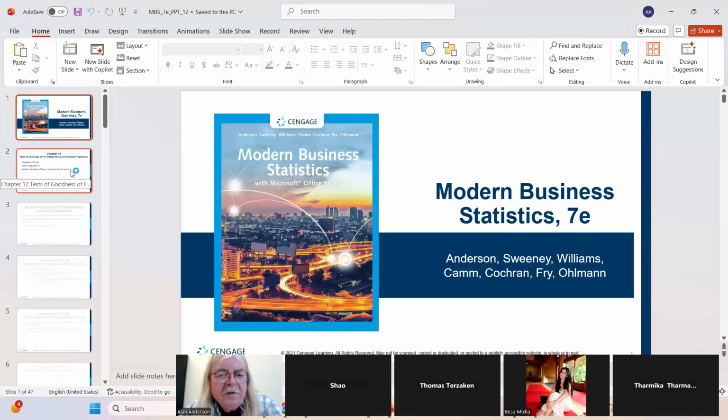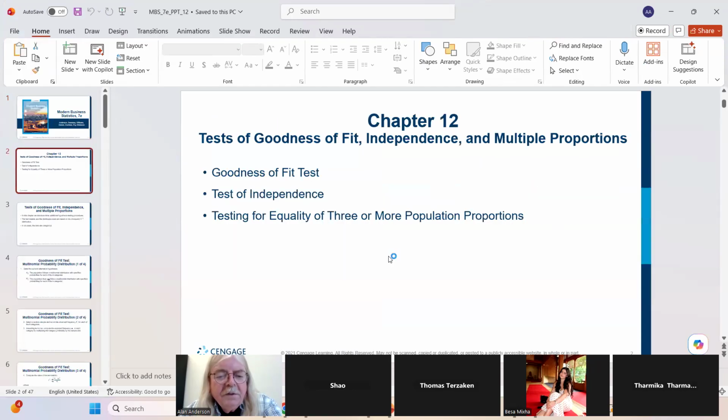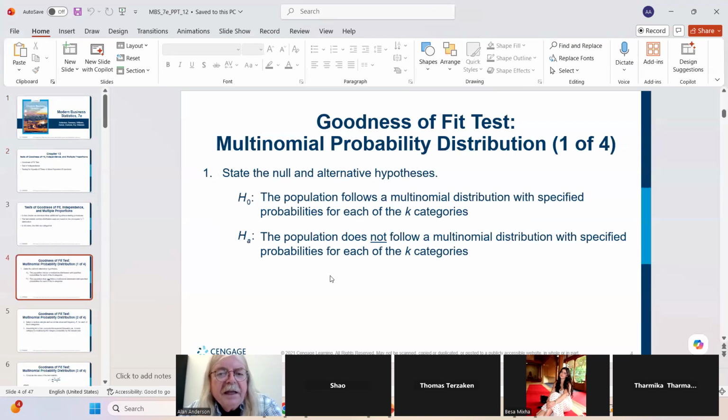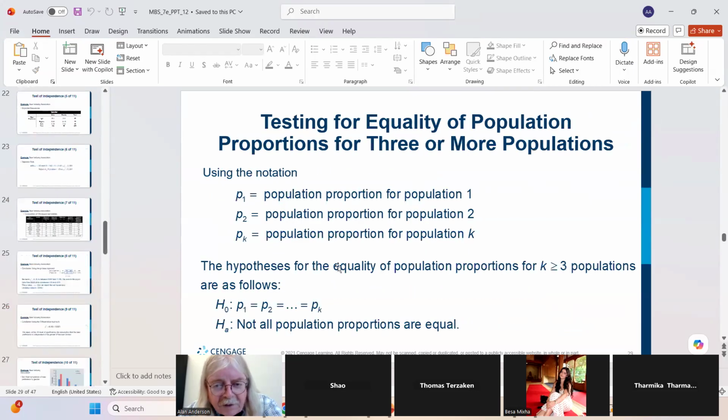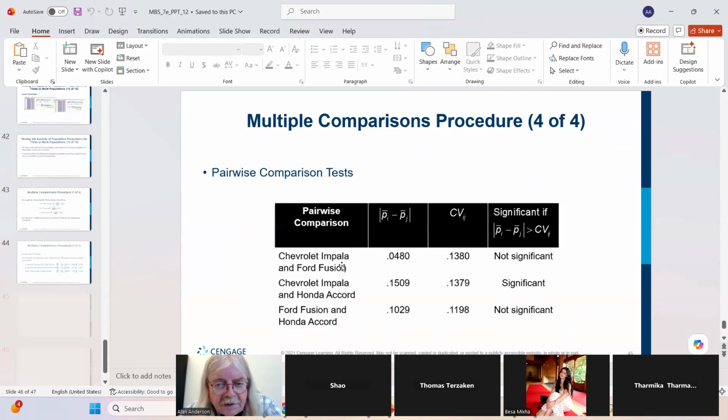All right, so in chapter 12, we're going to look at three new types of tests. They're all hypothesis tests, by the way. Goodness of fit, although the name doesn't sound like a hypothesis test, it is, tests of independence, and testing the equality of three or more population proportions. All of these are applications. Let me confirm that before I say anything more here.